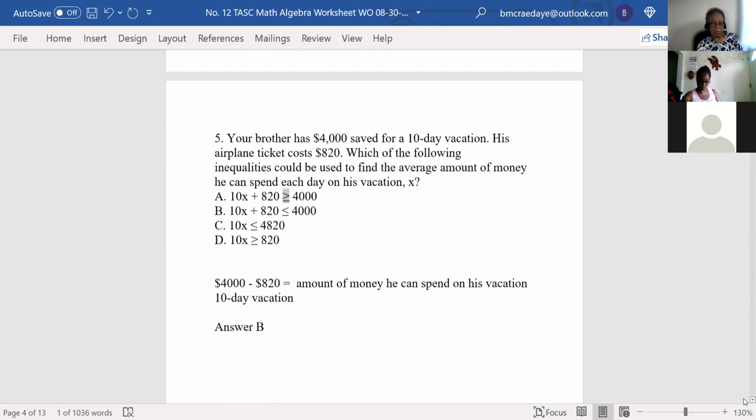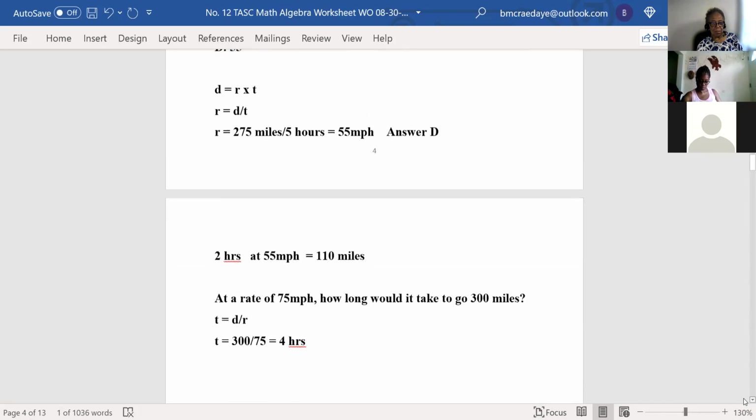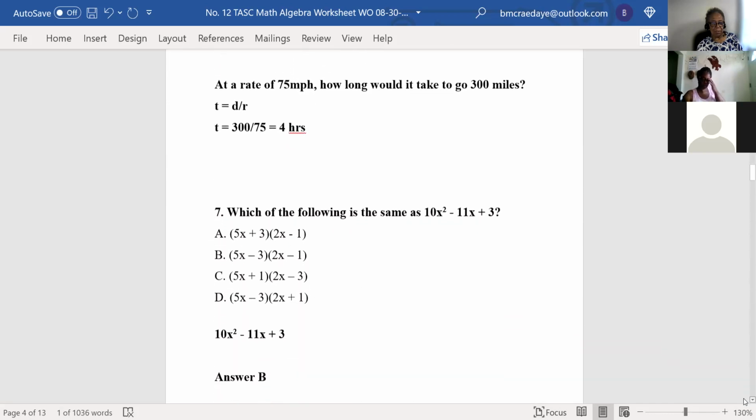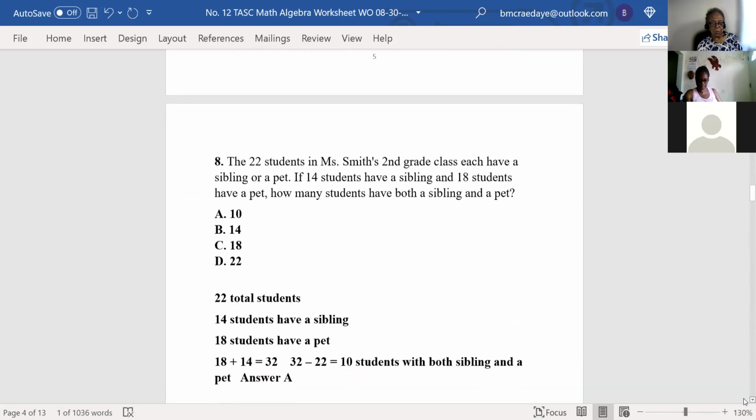Let's go back to our problem. And we put our inequality has to be greater than or equal to that total 22.